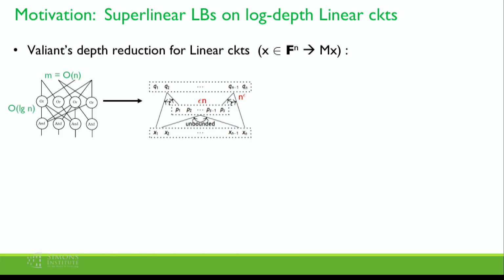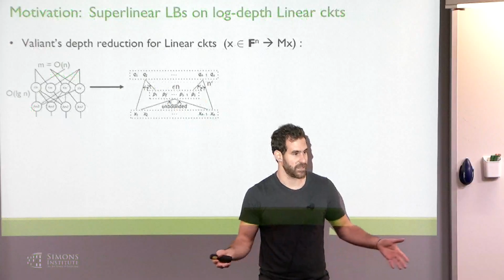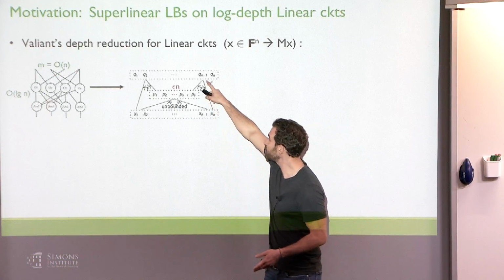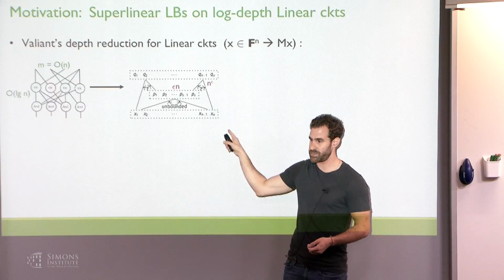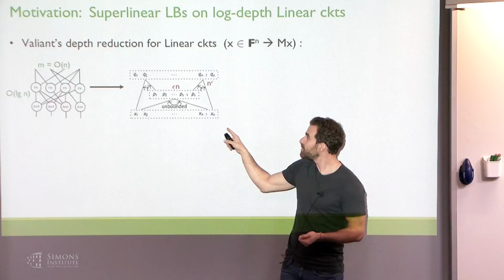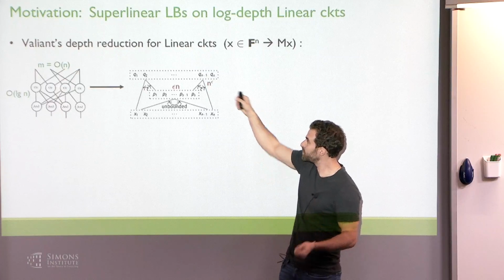The middle layer computes the same function that the original circuit computes. But the middle layer now stores n over 1,000 bits, so you cannot recover the answers to all the queries just from this middle layer, right? Because it stores less than the input, less than n. So the queries must be connected also to some of the inputs. The picture is like this.